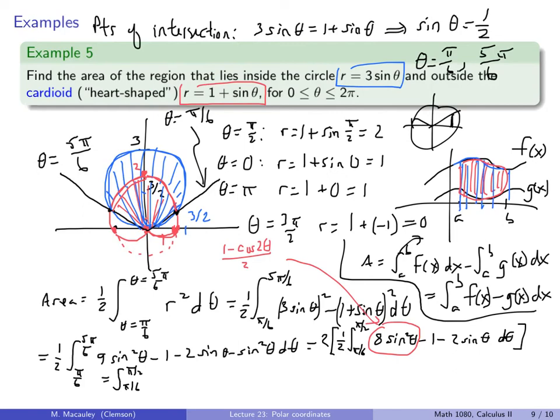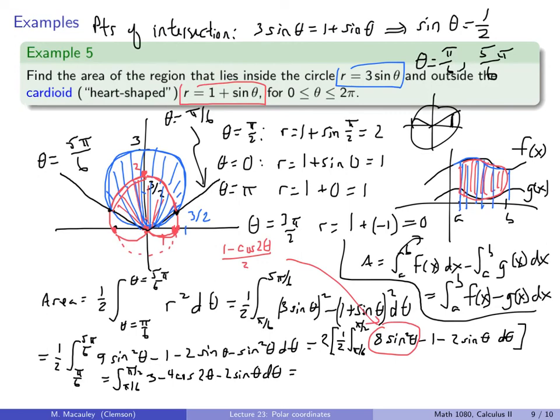So that's going to be 8 times 1/2 minus 1, that is going to be a 3. How many cosines do we have? We have 8 times negative 1/2, so that's minus 4 cosine of 2 theta. And we still have minus 2 sine of theta left.